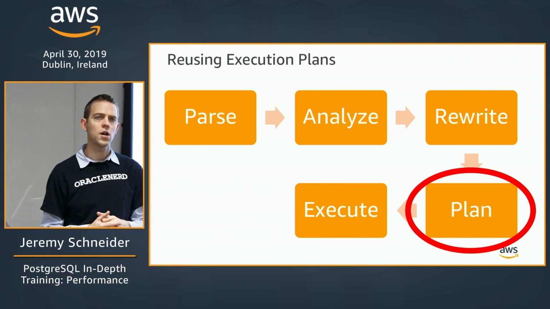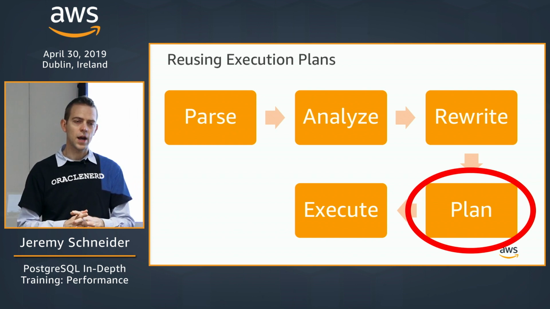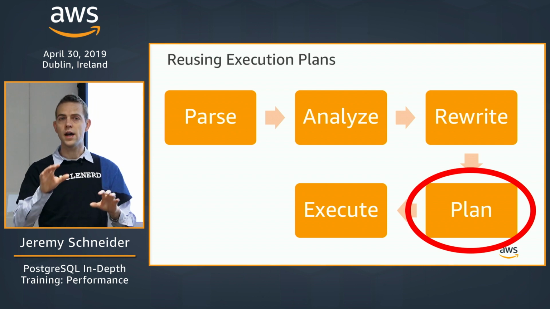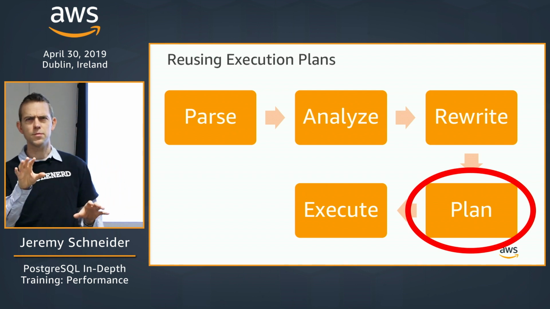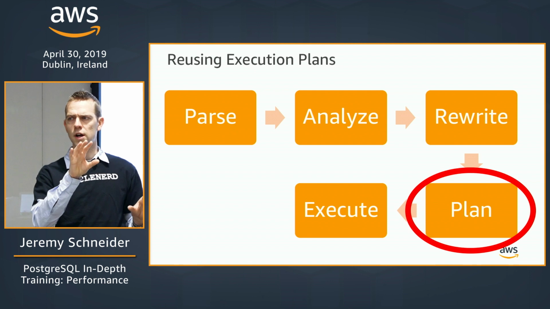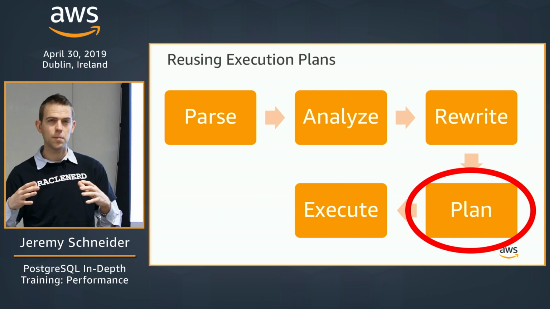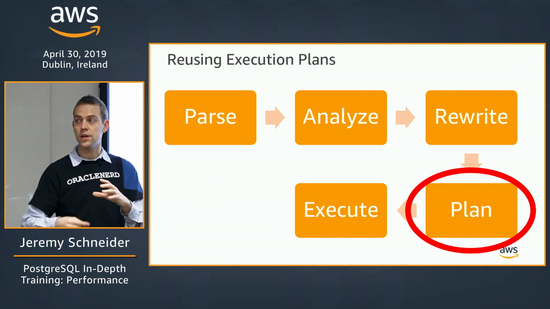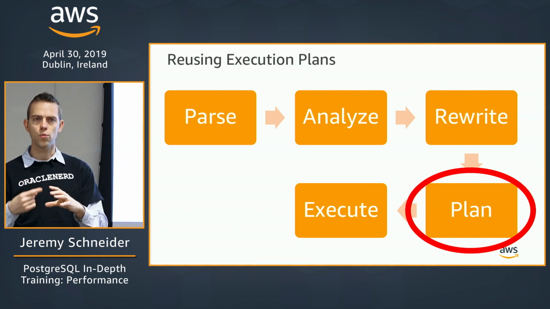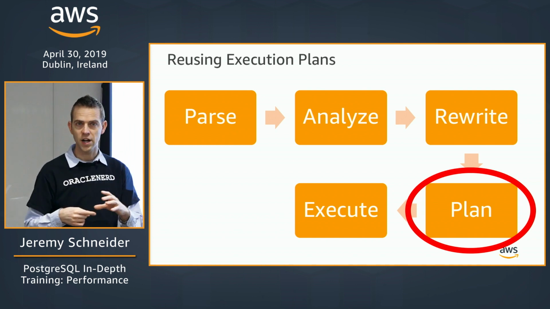That's important terminology in Postgres. You have generic plans, and then you have non-generic, sometimes called custom, kind of the regular plans that you get. A generic plan means that you're getting reuse. It's a plan that can be reused over and over by a prepared statement.